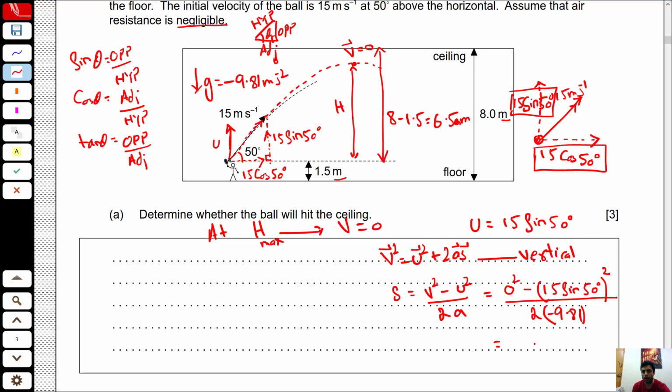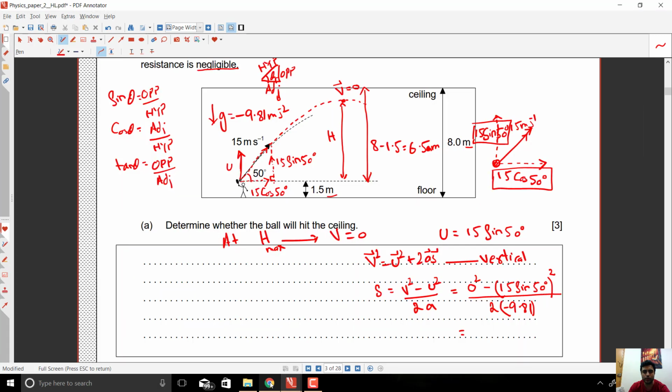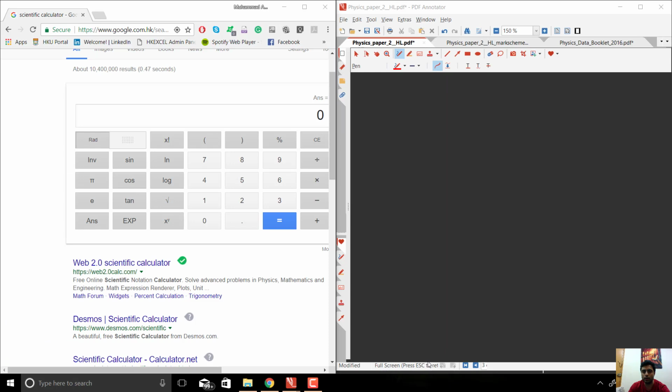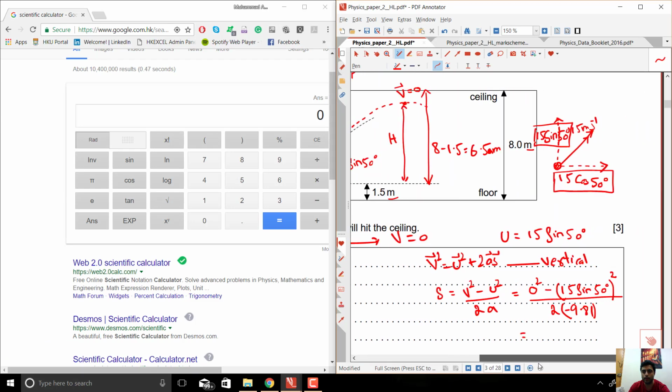Let me help you put the value in the calculator to make sure that everything goes according to plan. You can see the negatives just cancel out each other.